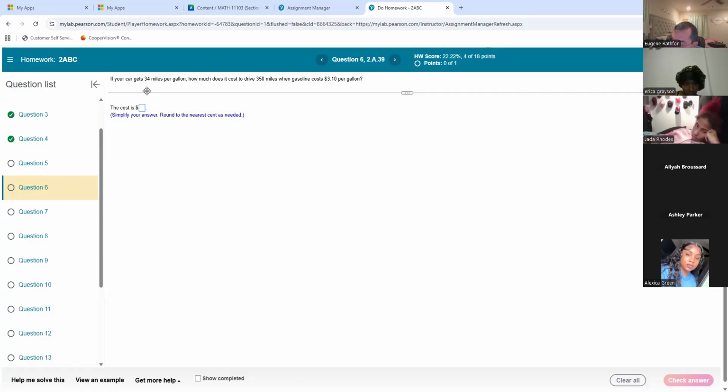How much does it cost to drive 350 miles when gasoline costs $3.10 per gallon? All right, so a little more work on this one.